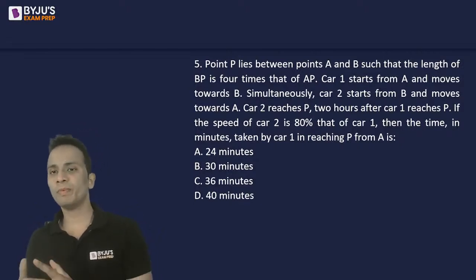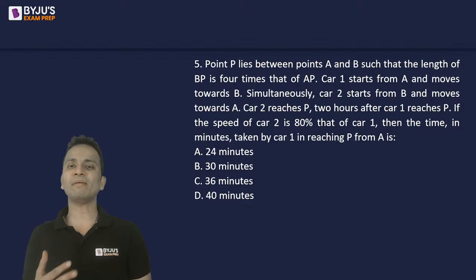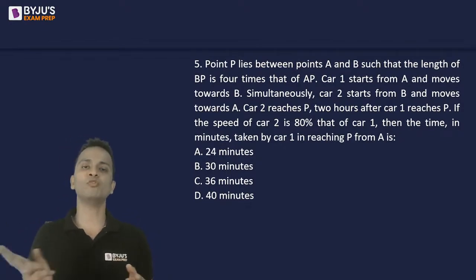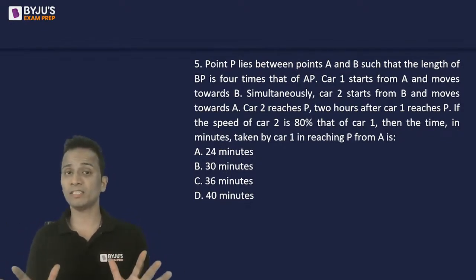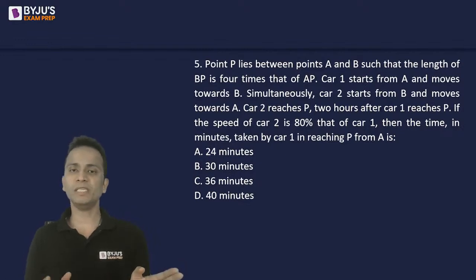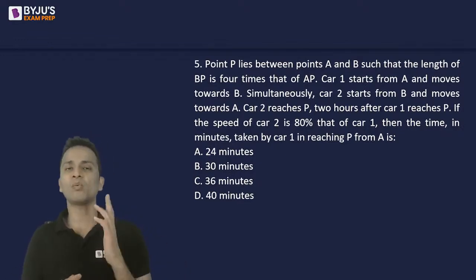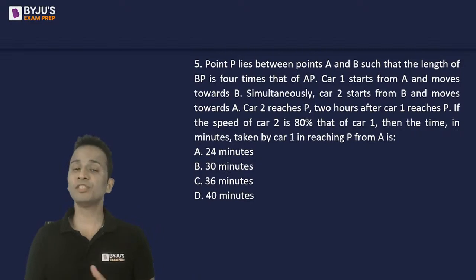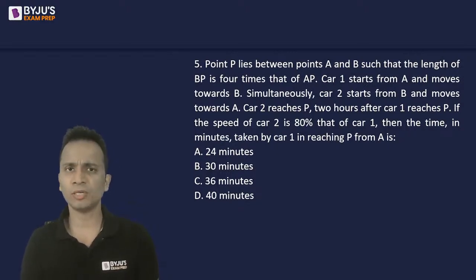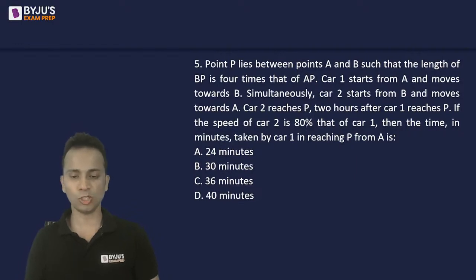Car 1 starts from A and moves towards B, and simultaneously car 2 starts from B and moves towards A. Car 2 reaches P 2 hours after car 1 reaches P. If the speed of car 2 is 80% that of car 1, then the time in minutes taken by car 1 in reaching point P from A is equal to how much?